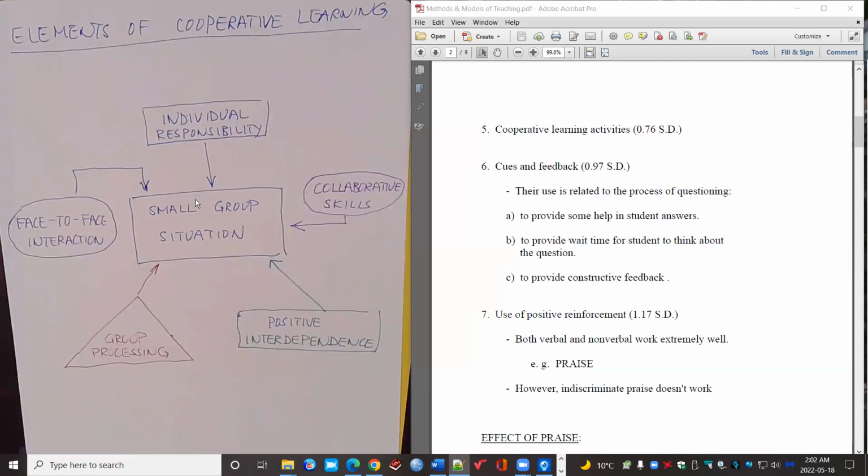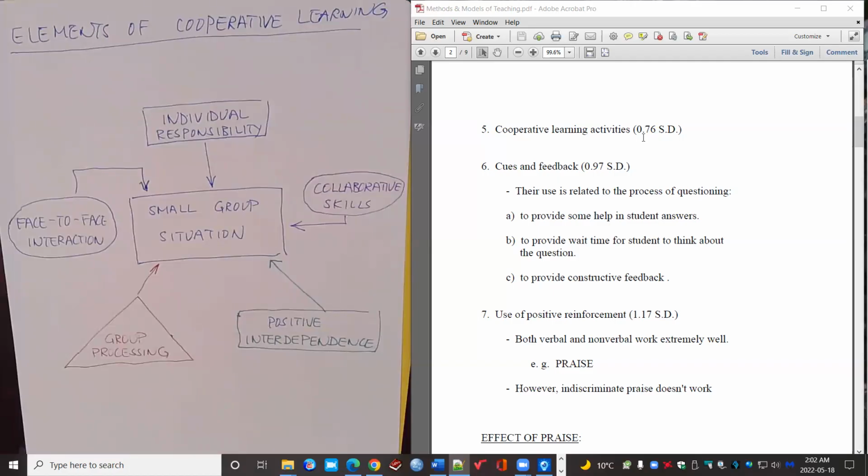A lot of times in a small group situation, cooperative learning is quite successful. You could see that it is 0.76 standard deviation, is that right? So that is pretty effective.